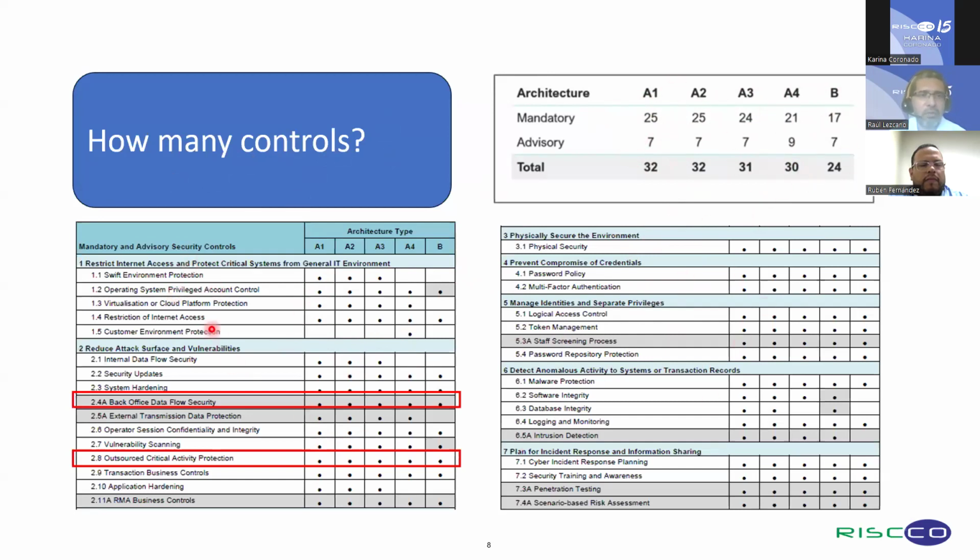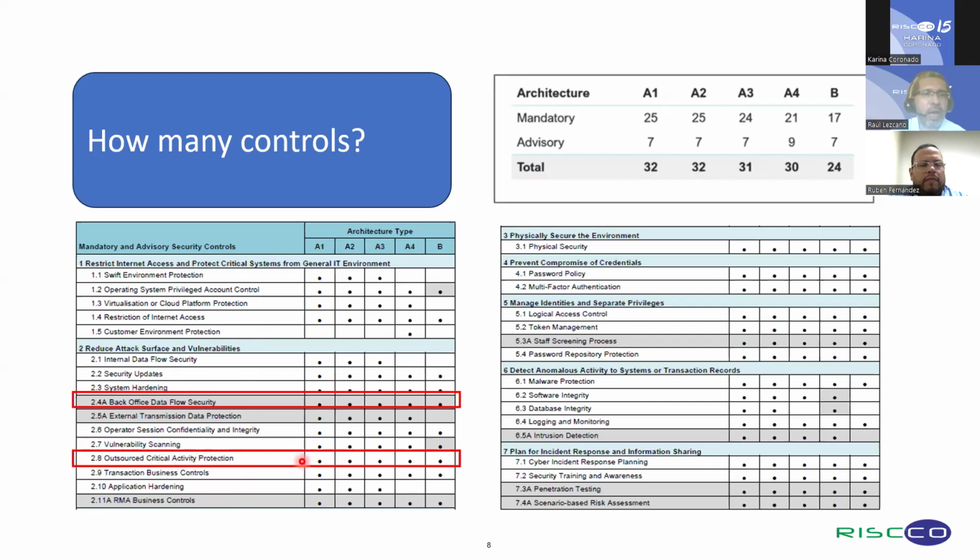So we have to analyze control by control, against which in-scope components of Swift are in place, in order to decide which of these controls apply. So this table is a general table, and in a real analysis and during the assessment, these controls should be verified one by one according to the in-scope components, risk drivers, and the architecture in place.